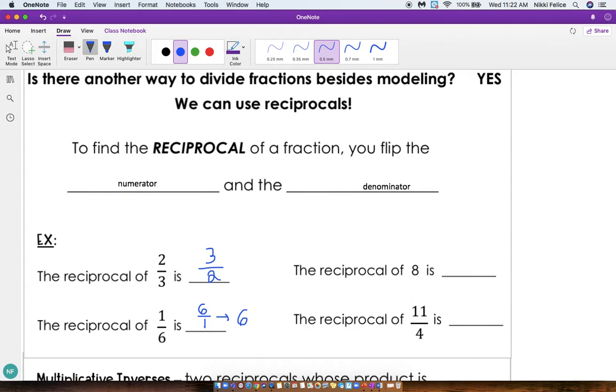The reciprocal of 8? Well, I know that to write the whole number 8 as a fraction, we write 8 over the denominator of 1. So the reciprocal of 8 would be 1/8. And the reciprocal of 11/4 is 4/11. So that's important to know what the reciprocal is.